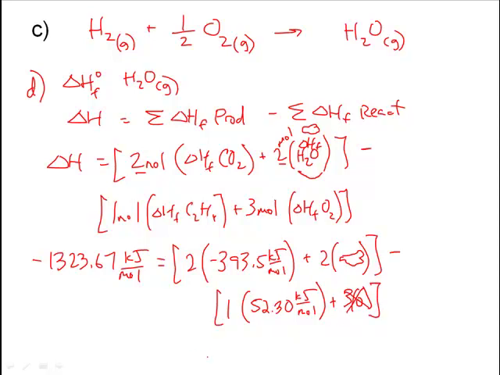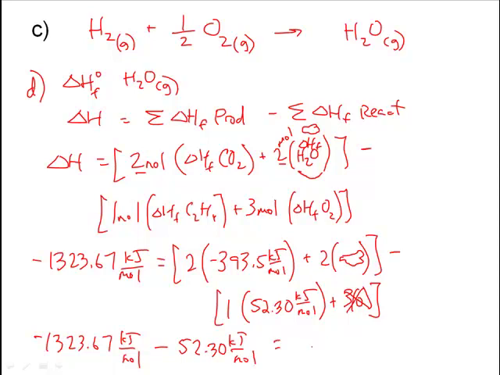All right. So now all you have to do is make sure you type it correctly in your calculator, which is sometimes the hardest part. I would rewrite this because I'm getting lost in all the chickens. So, kilojoules per mole, minus 52.30 kilojoules per mole.